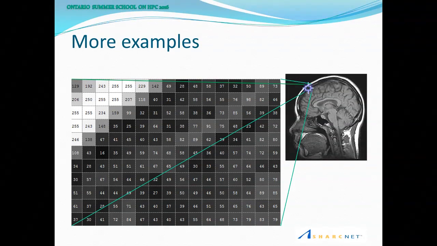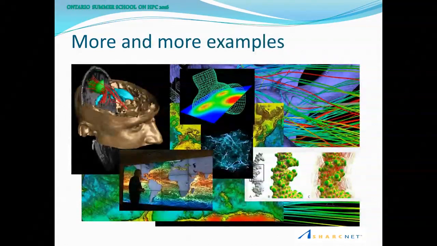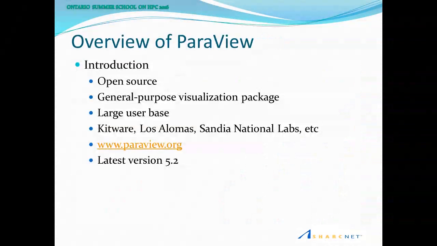And for color images, they actually have three arrays of numbers, red, blue, and green, respectively. And there are more examples. So although they look quite different, behind those visualizations, there are numbers. Okay.